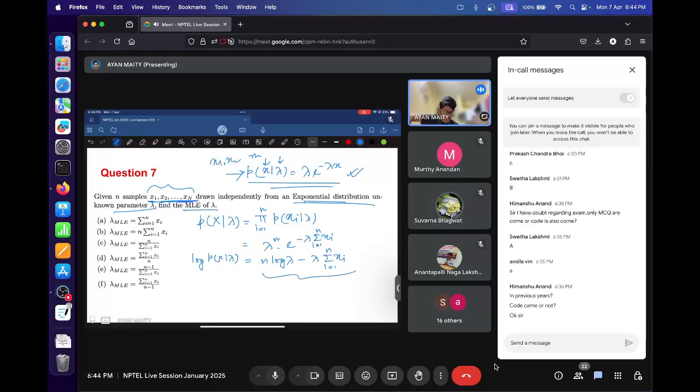So this is the log likelihood of these samples for exponential distribution. Let's call it L of lambda. Now we will take the derivative of this log likelihood L of lambda with respect to lambda to find out the optimal value of lambda.